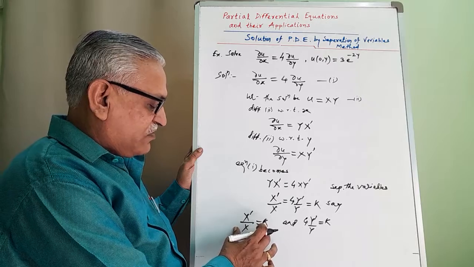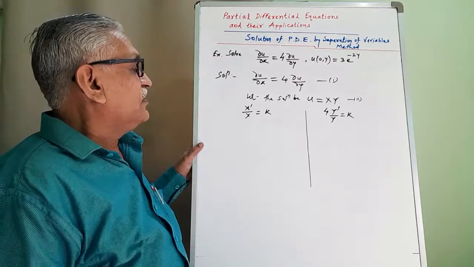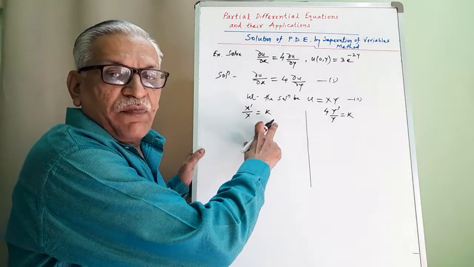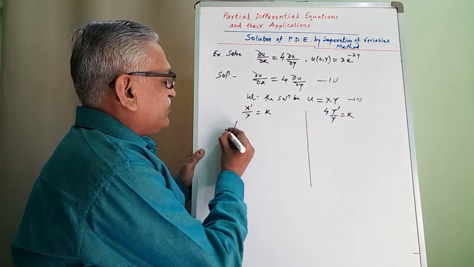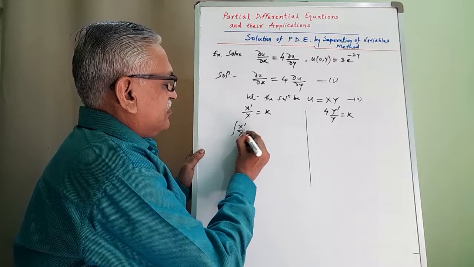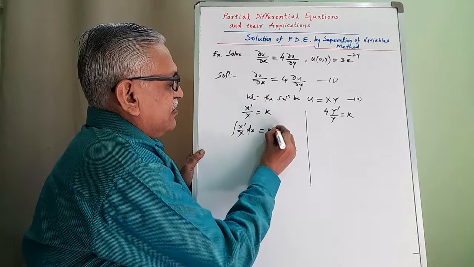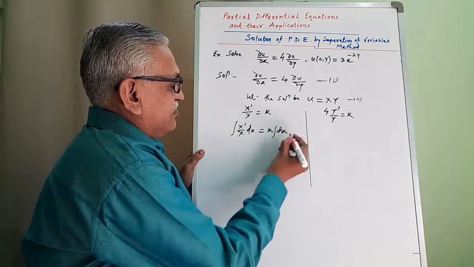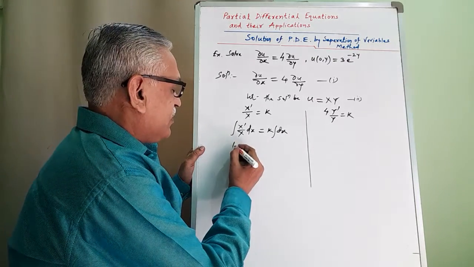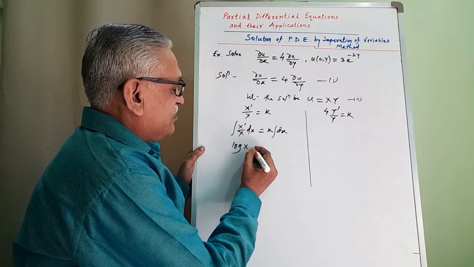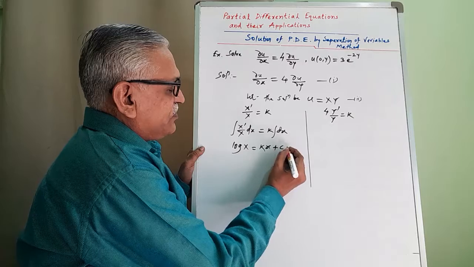Then integrating this to get the value of X, and integrating the other with respect to y to get the value of Y. We have X'/X = k and 4Y'/Y = k. Next step is integrating with respect to x: k integration of dx. F'/f, its integration is log of f, therefore log X = kx + c1.